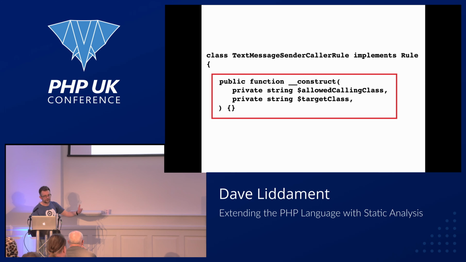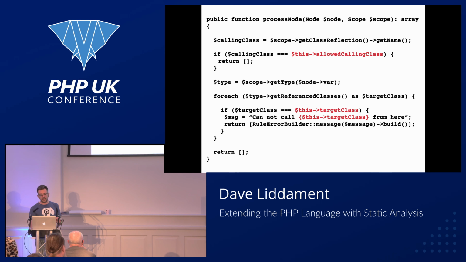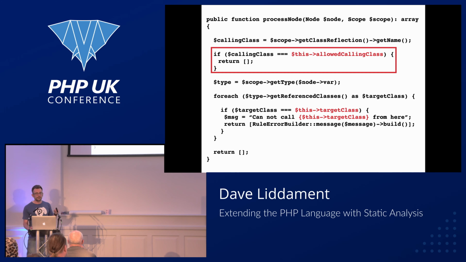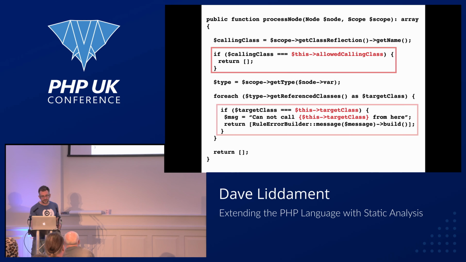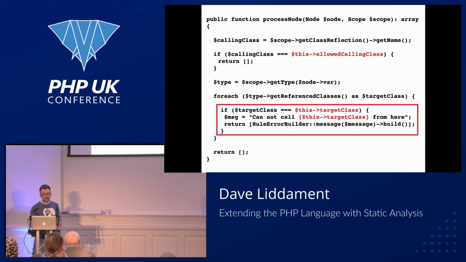So this rule is constructed, and actually probably we should change the name of it now. And then the code in the process node, there's just a couple of changes. Instead of calling class being hard-coded, we're saying if calling class is the allowed calling class, then we'll exit with no errors. And then finally, for our check for target class, instead of having it hard-coded, we have whatever we set up in target class.